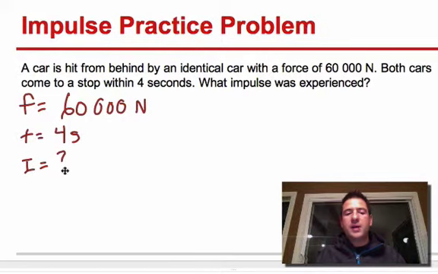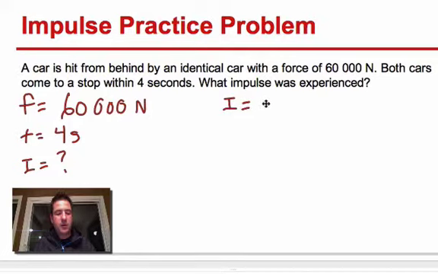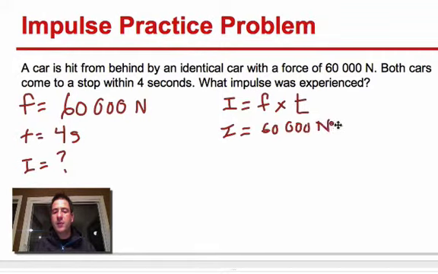Now I need to write out my formula. My impulse is going to equal my force times my time. So now I'm going to plug in the values of what I know. Impulse, which I don't know, equals 60,000 newtons times 4 seconds. You could probably do the math in your head for this one, 6 times 4, and then add the zeros.